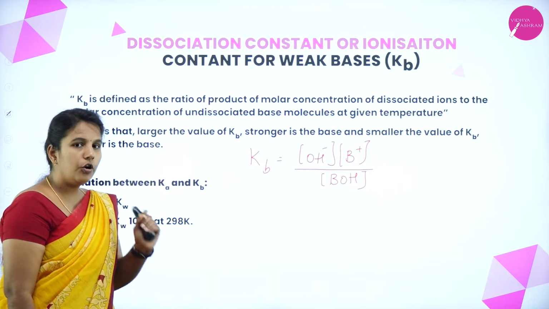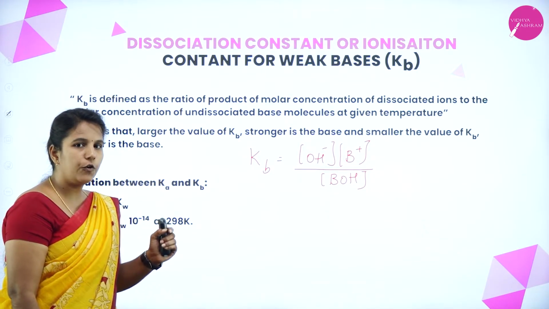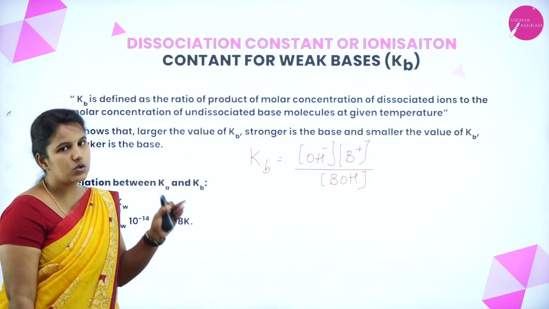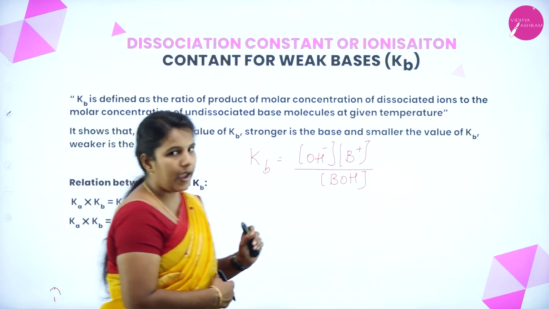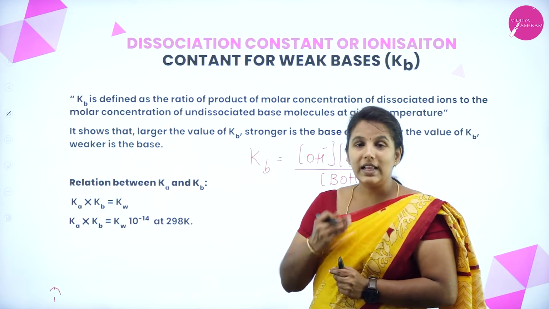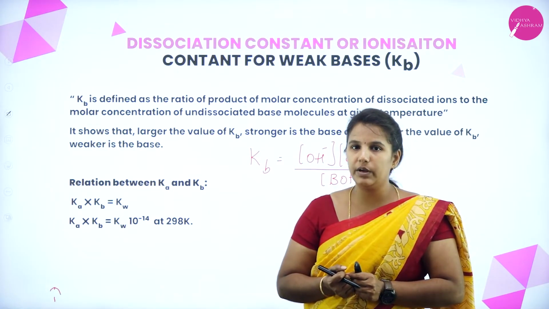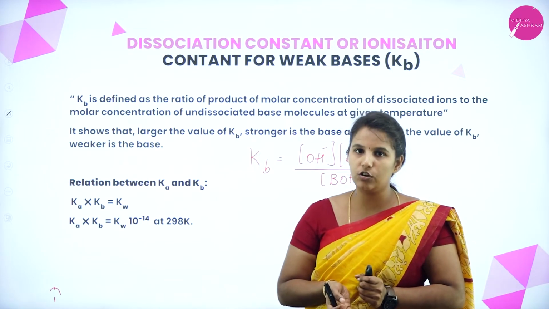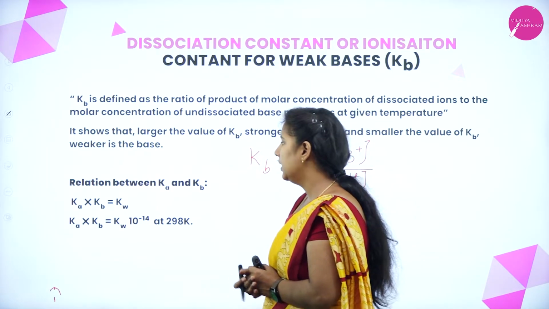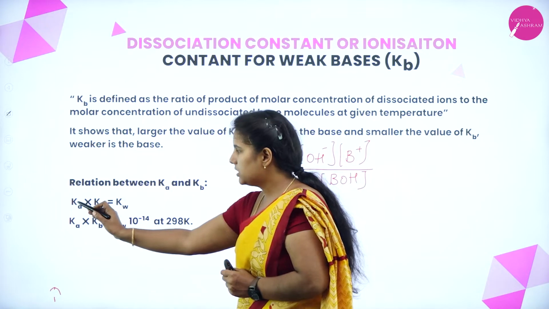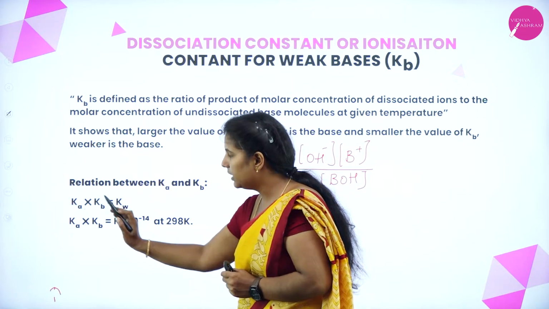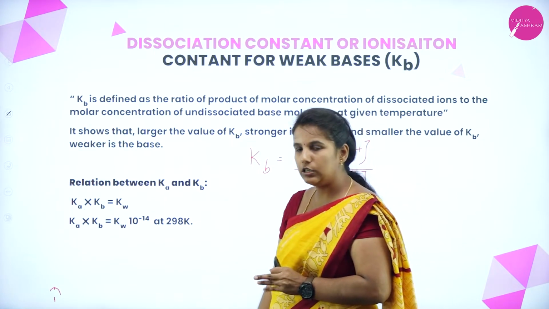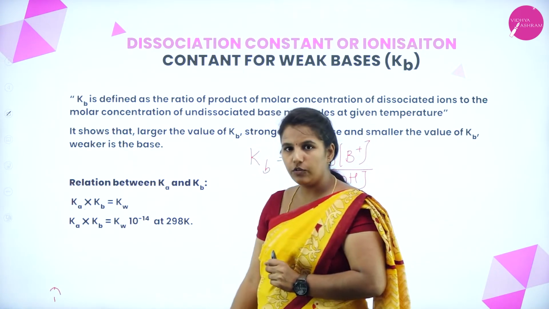So, now hope you all understood the derivation for the dissociation constant of a weak acid as well as the dissociation constant of a weak base. Now, let us see what is the relationship between the dissociation constant of a weak acid and the dissociation constant of a weak base. That is, the dissociation constant of a weak acid times the dissociation constant of a weak base will always be equal to the ionic product of water.